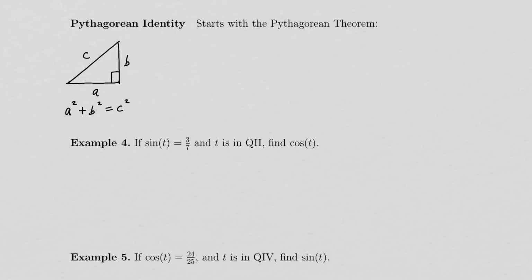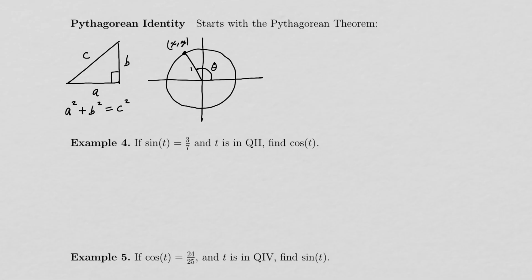Okay, so if we have a unit circle, and I have some angle, I'll just draw it randomly in the second quadrant. So this is my angle, call it theta. We know this length is 1, and these coordinates are going to be x and y, which means this length right here is x, and that height is y.